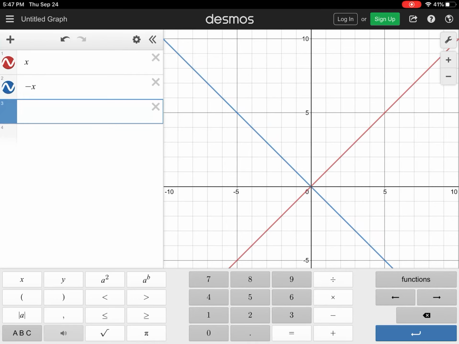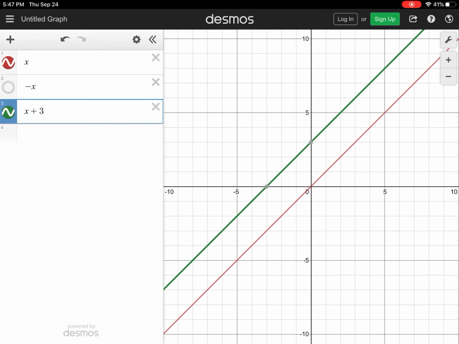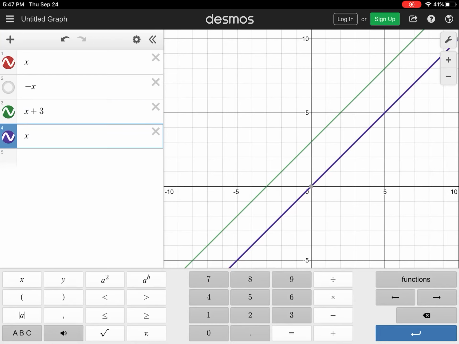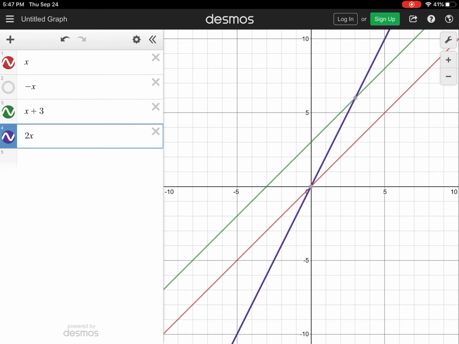What happens when I have x and I have something at the end, plus 3? It went up 3. What happens when I have a number in front of x? Let's say 2. Comparing it to the original one, yeah, I got steeper. So play around in Desmos with the different types of transformations. That's definitely going to help you out.